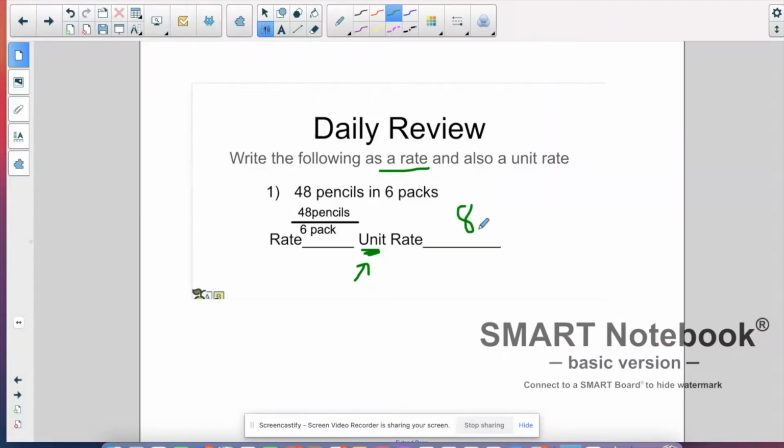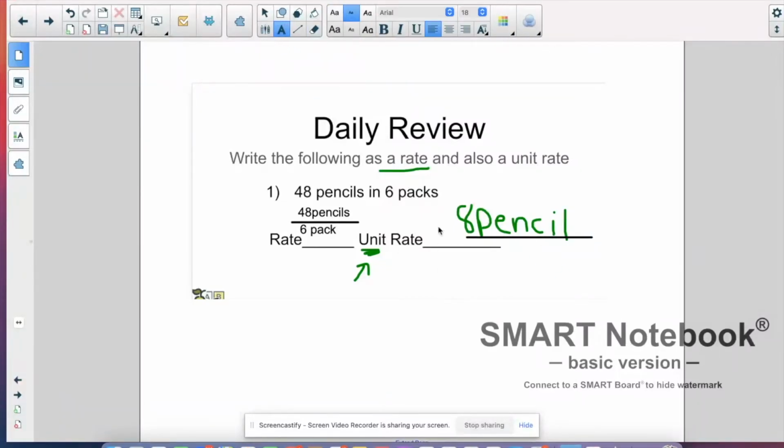We have 8 pencils for 1 pack. So our rate is 48 pencils for 6 packs. What is it per pack? 8 pencils equals 1 pack. That's it for our daily review.